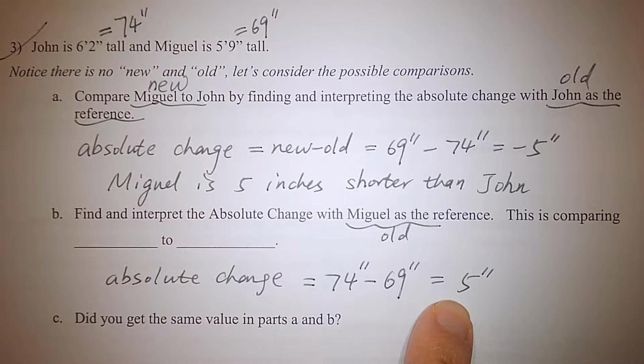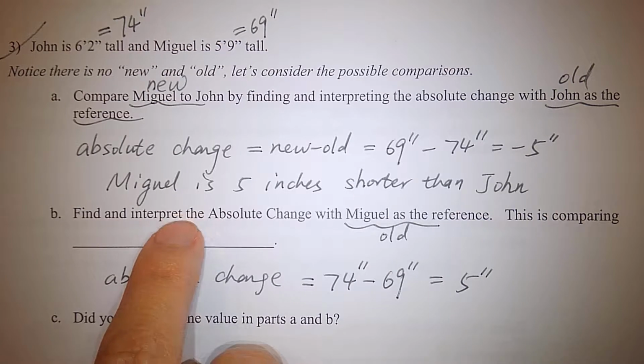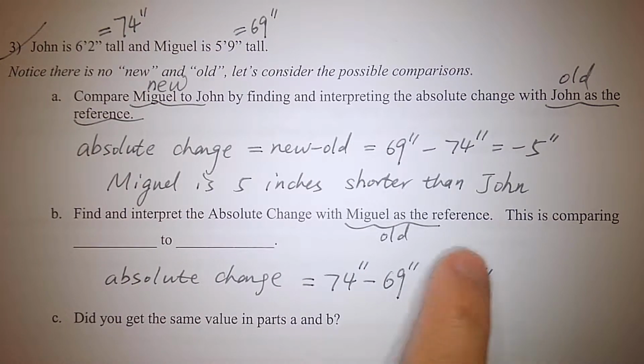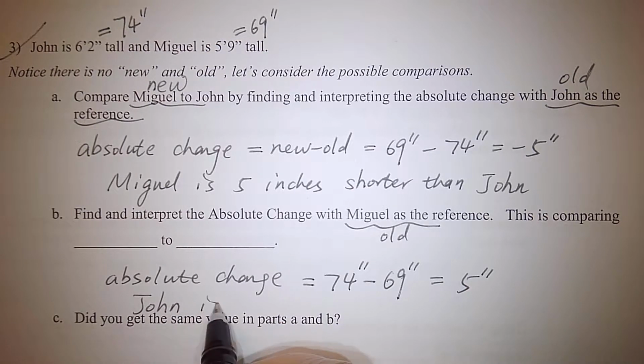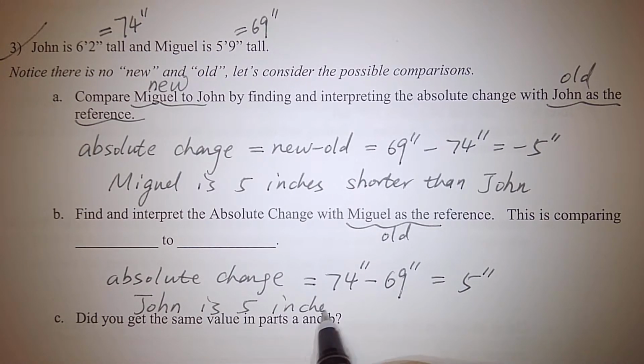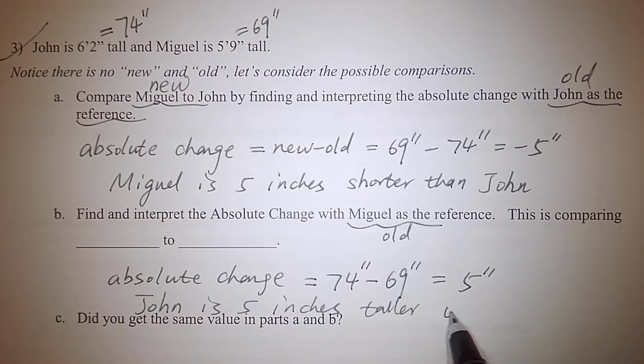And how do we interpret this result, 5 inches? We can say John is 5 inches taller than Miguel, right? Okay, so John is 5 inches taller than Miguel.